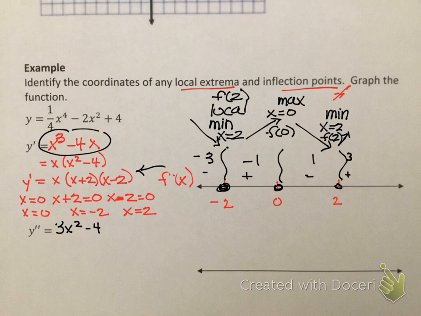When I solve that for 0, 3x squared minus 4 equals 0, I come up with x equals plus or minus 2 over the square root of 3.